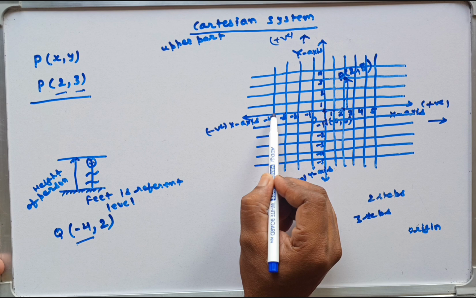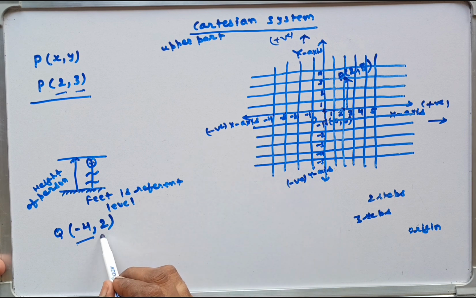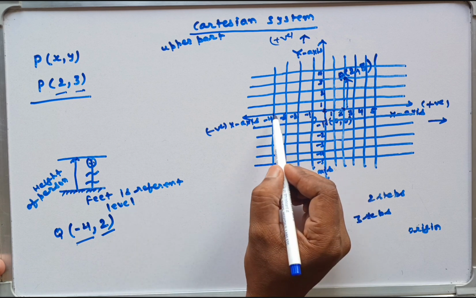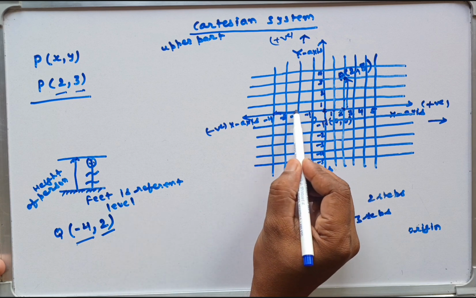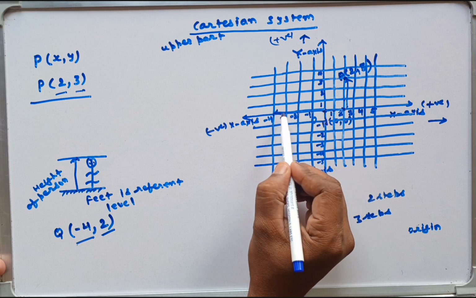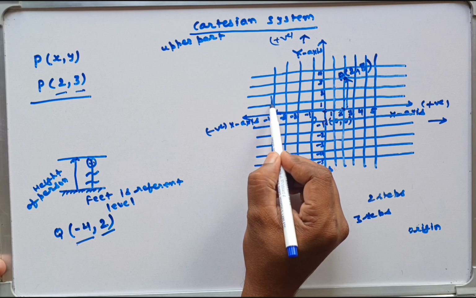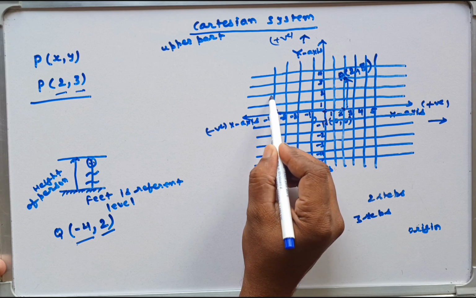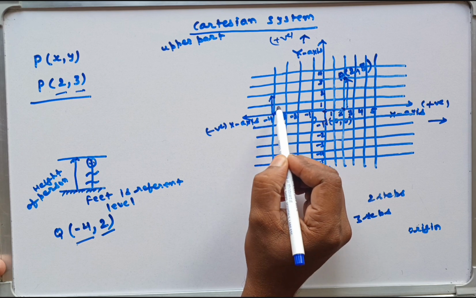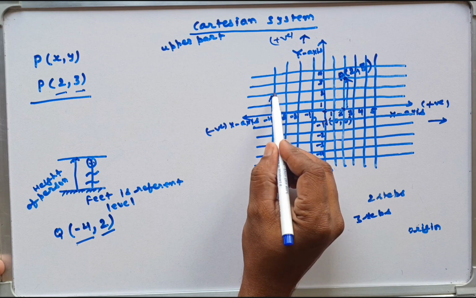Okay, now the next one is the number 2, which denotes we have to move along the y-axis. We start our journey along the y-axis, so we reach here.